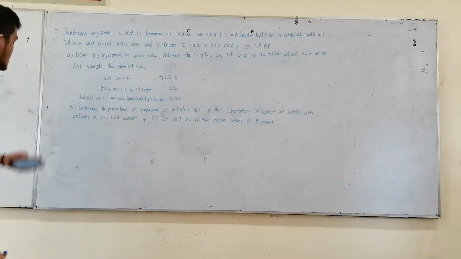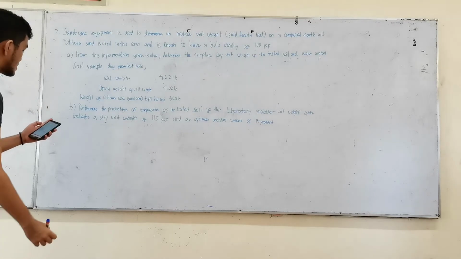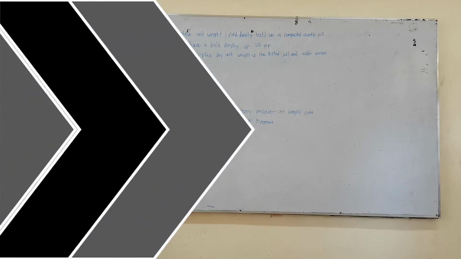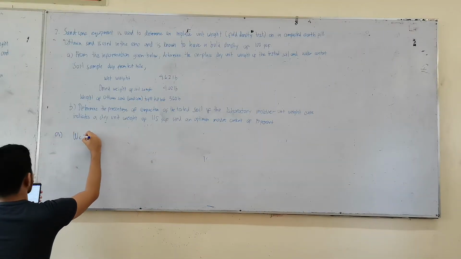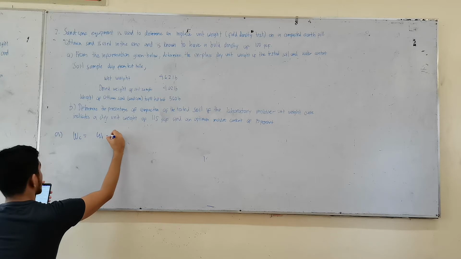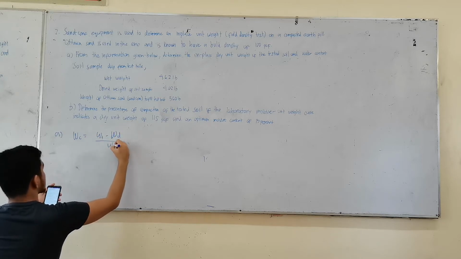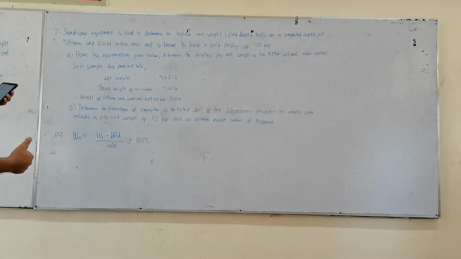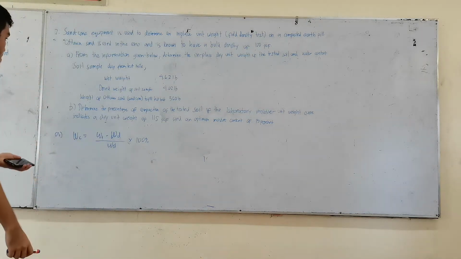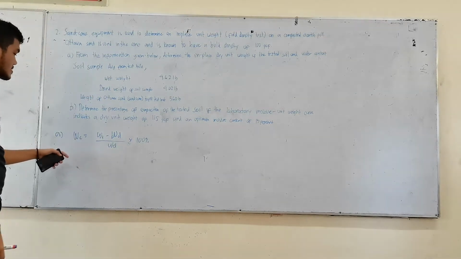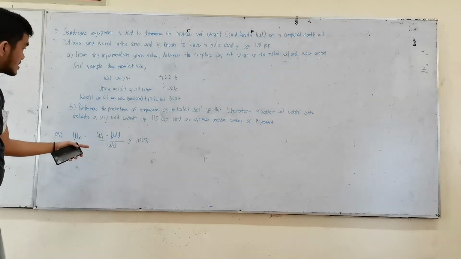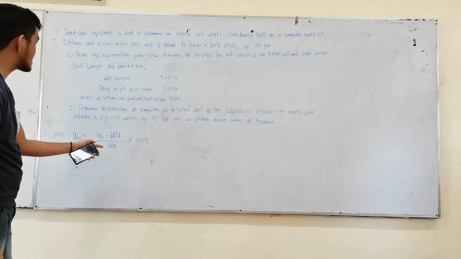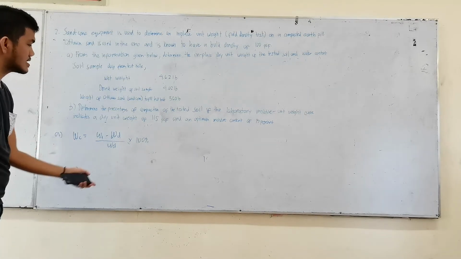So the first step is we need to determine the moisture content in place of the soil. We have the formula of the water content, which is water content is equal to wet weight minus dry weight over dry weight times 100%.